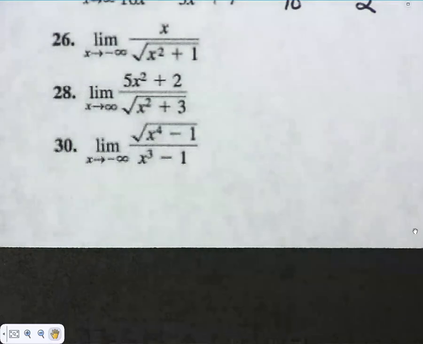Let's go ahead and look at all 3 of those with square roots in them. 26, 28, and 30.